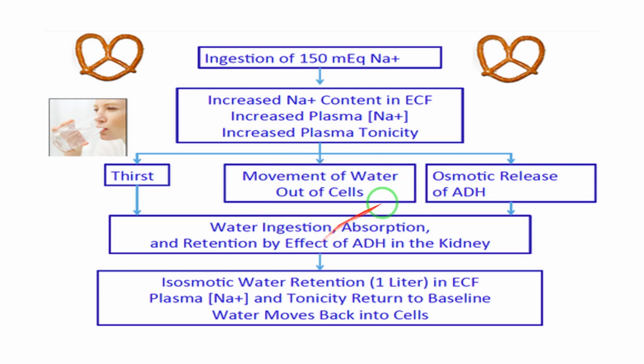Later on, after the release of antidiuretic hormone and drinking large quantity of water, there will be water retention, and both the plasma sodium and the plasma tonicity or osmolality will return to normal level, and at that state the water that was drained out of the cell will return back inside the cell, and the homeostasis is achieved.